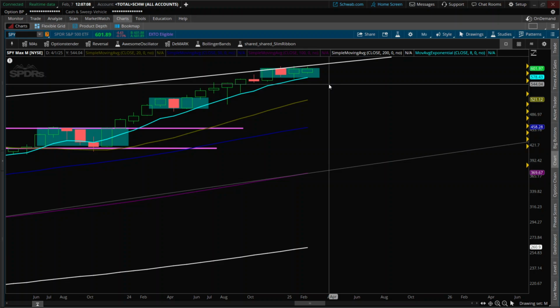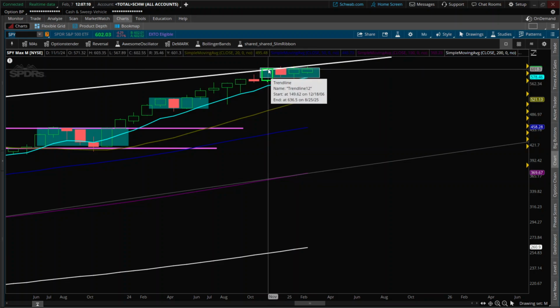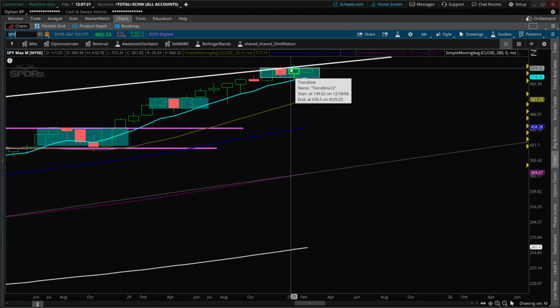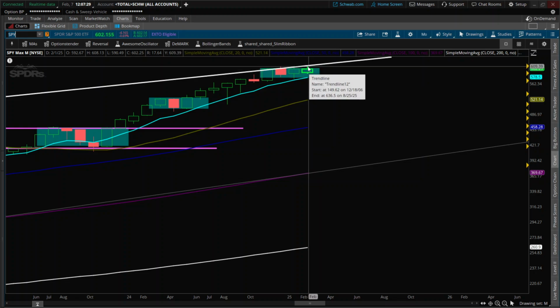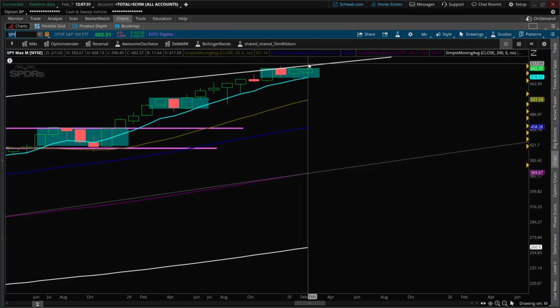Looking a little bit closer, I said watch the area where these monthly candles reject and wick. All right, and I think we said around 603 to 605. And same thing, wicks. So clearly, if we break out from the zone and get above these trend lines, then that's another breakout, right?